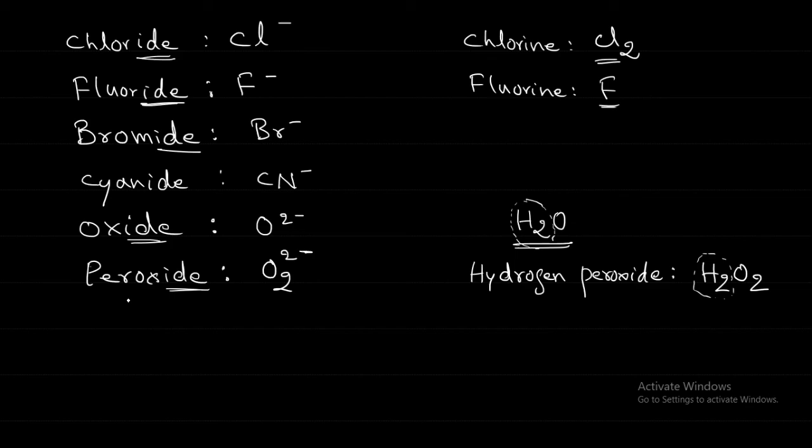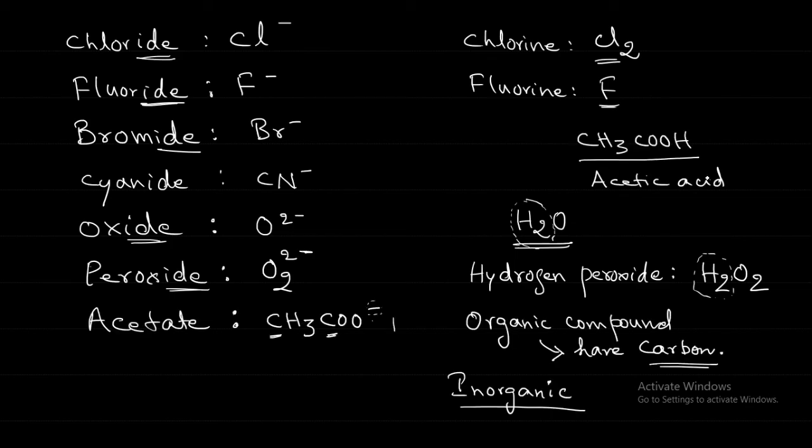If we write CH3COOH, what does it become? Acetic acid. But when we remove this hydrogen and write this negative charge, it becomes an ion, and then we say it is the acetate ion. So CH3COO minus, acetate.